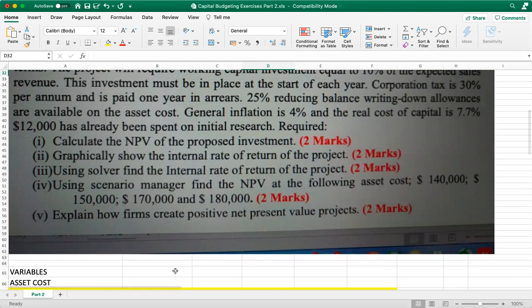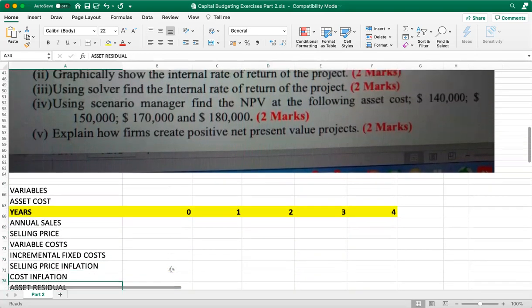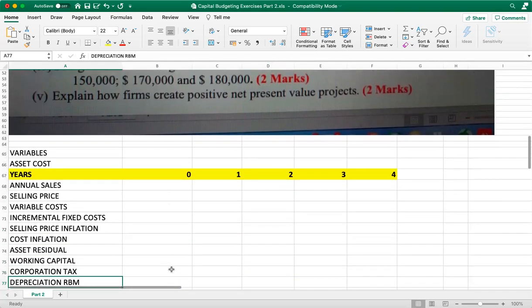Now, to answer this question, we need to put down our variables, and I've already written down the variables.